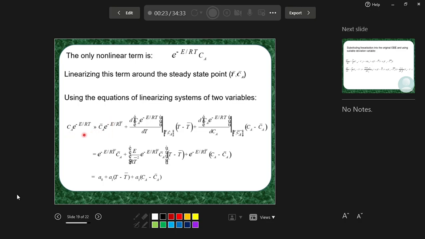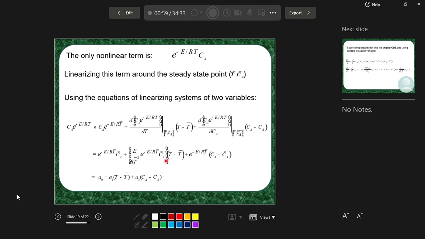The term is approximated by the steady state value of this term, which is a constant, plus the differential of this term with respect to T at steady state, which means that we need to differentiate this term, and then we substitute T bar and Ca bar for the variables, times the perturbation in T, plus the differential of the term with respect to Ca at steady state multiplied by the perturbation in Ca.